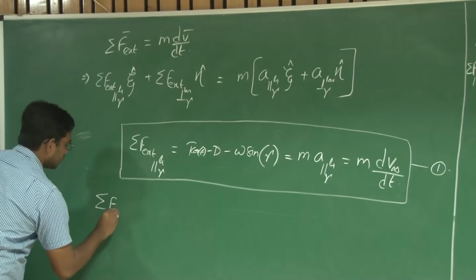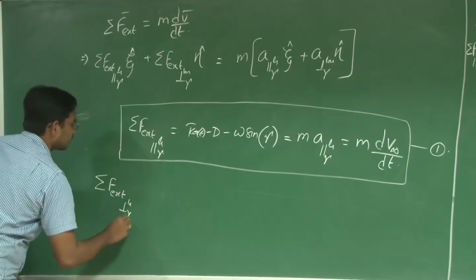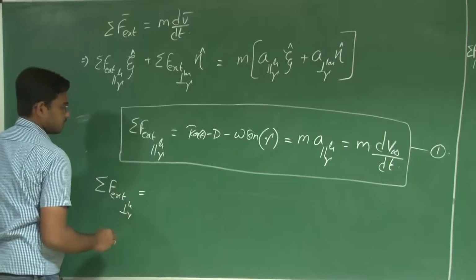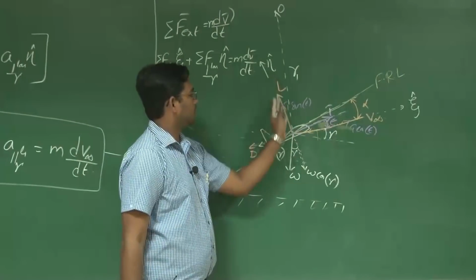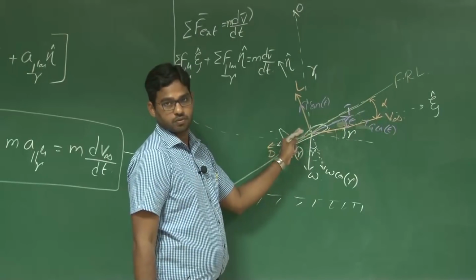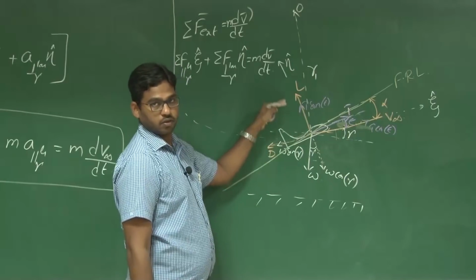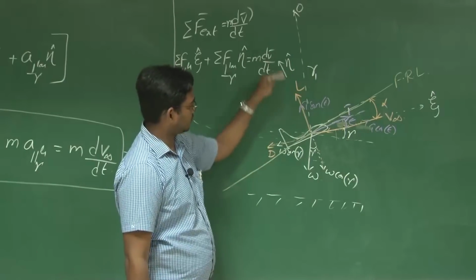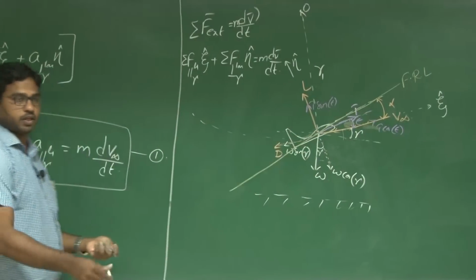Now consider the second equation. Sigma F external perpendicular to gamma equals, what are the forces acting perpendicular to the flight path angle? Lift and T sin epsilon are along the positive direction of eta cap, right, along the positive direction of this axis, and W cos gamma along the negative direction of this.